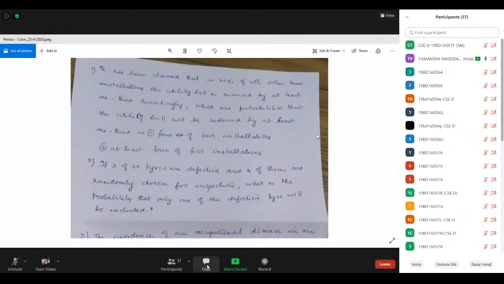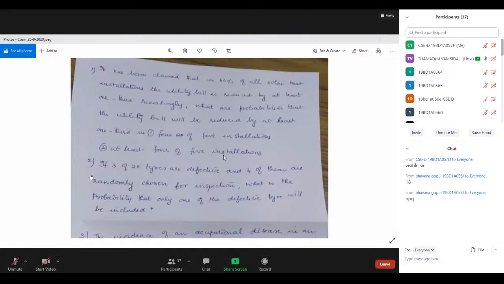What is the N in this problem? 56G. Are you there? Okay, I will put absent for 56G. Next, I will ask randomly one student. Yeah, are you there? Very good. Now tell me, what is the N in first question?